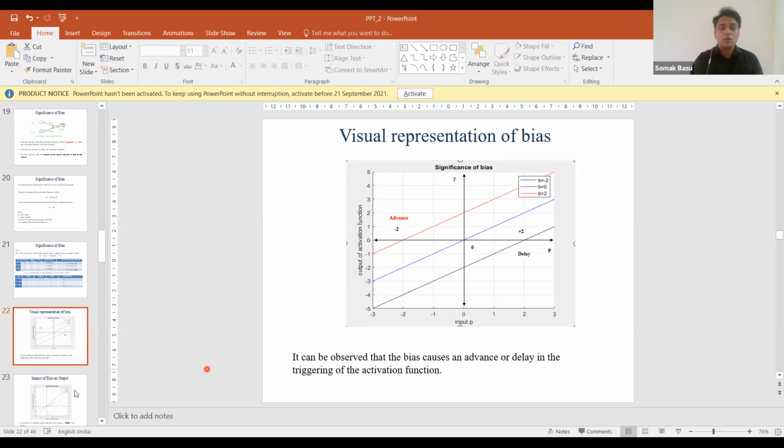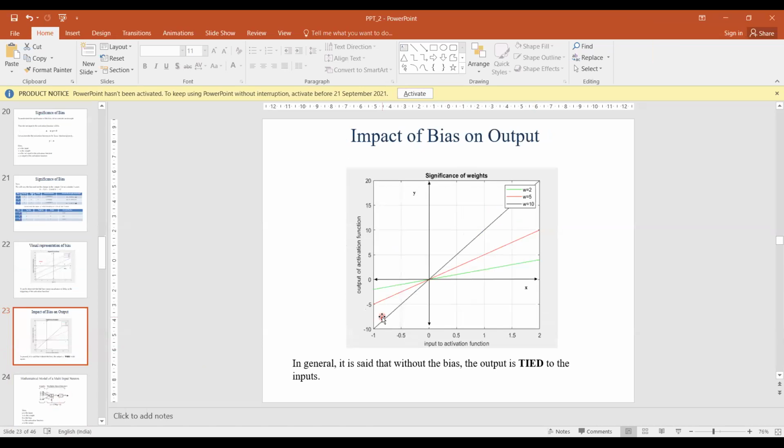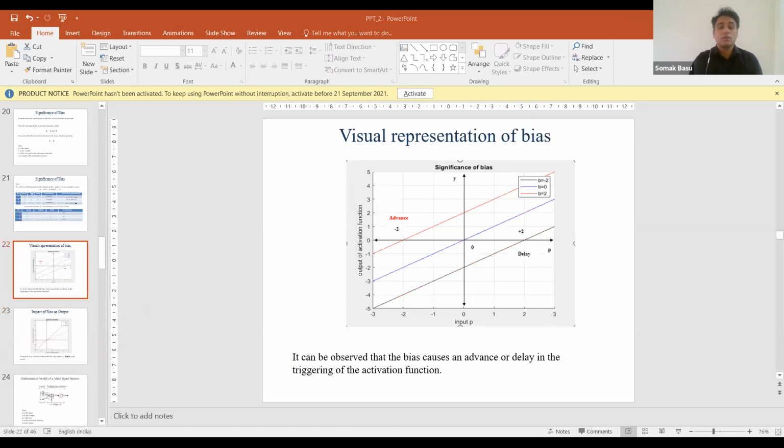So I'll give you one small example of the bias as well. There is a good image that will give you a good example. See what happens. What the bias does is it adds an intercept to your straight line. So let us assume the activation function is a linear function. As you keep increasing, it shifts left.